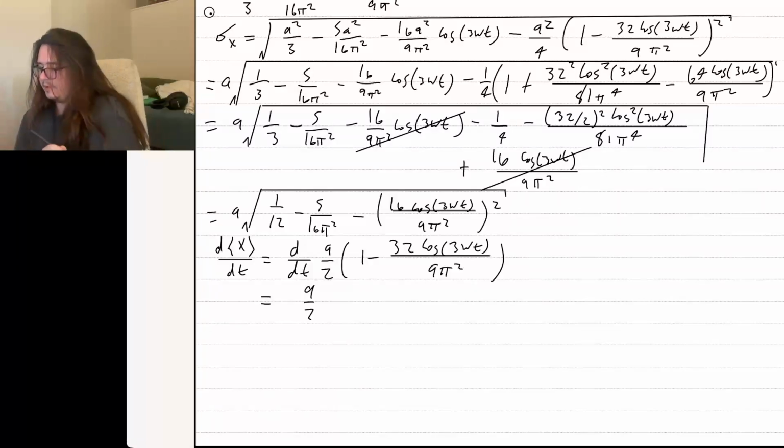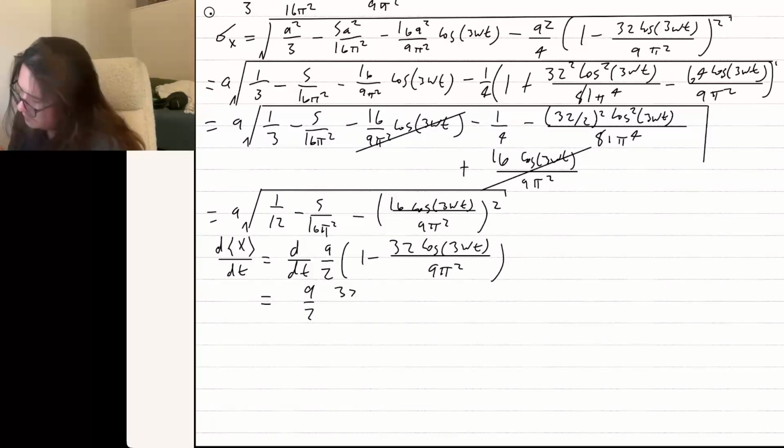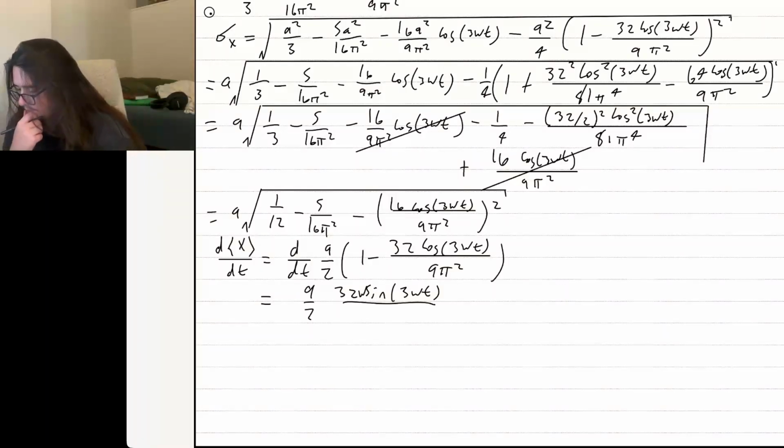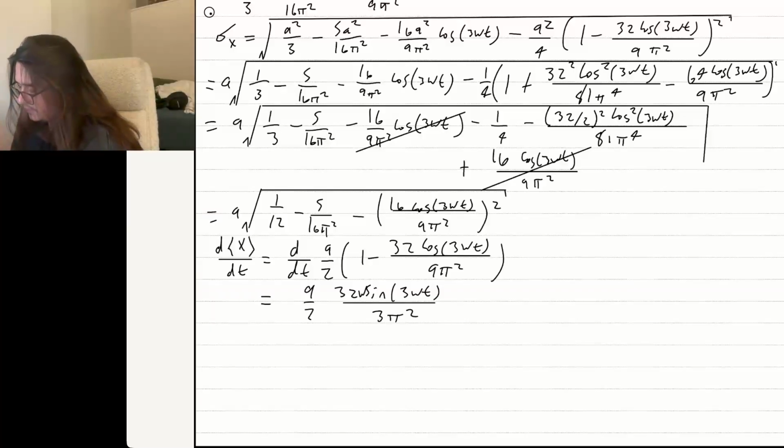So I'll make it 32 sine of 3 omega t times omega over 3 pi squared. That's how I'll put it. And then I'll let the over 2 do some work as well. So I'm going to call it 16 a omega sine 3 omega t over 3 pi squared.